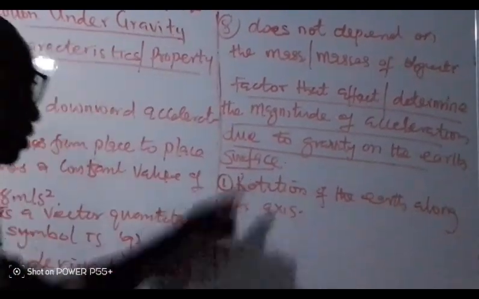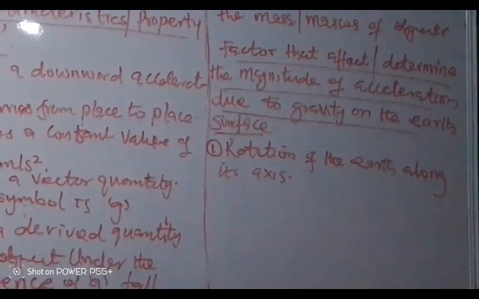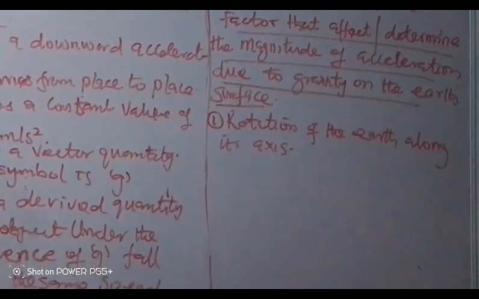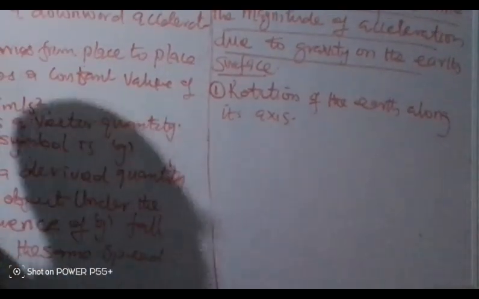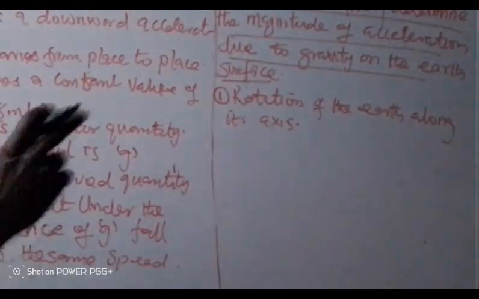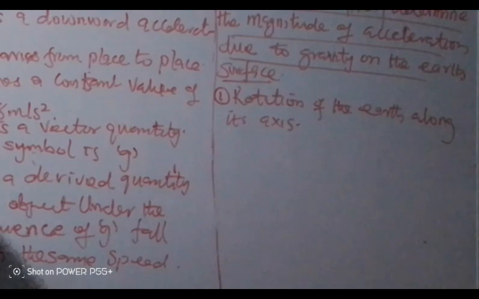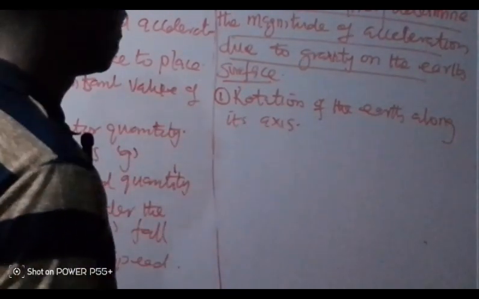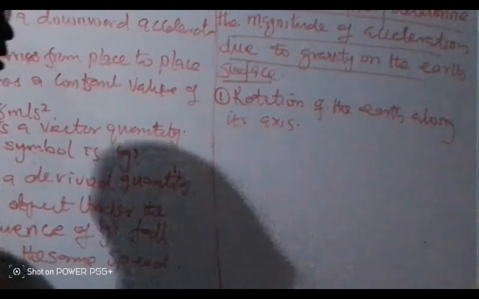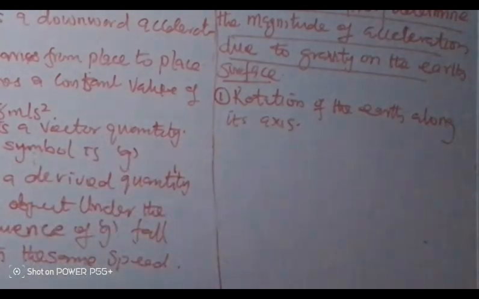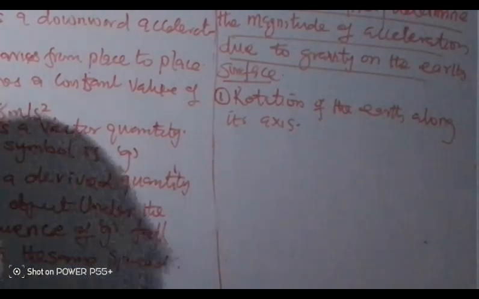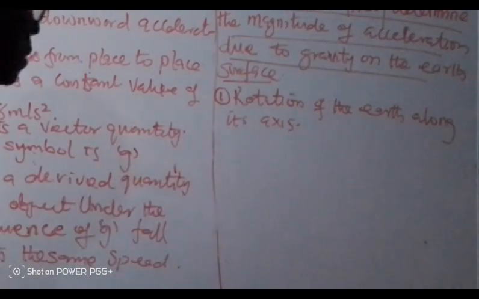This affects the value of g on the Earth's surface seriously. As the Earth is rotating, causing day and night, it affects the value of g. That is what makes its value vary from place to place depending on the geographical location of that particular object. So rotation of the Earth causes the variation.